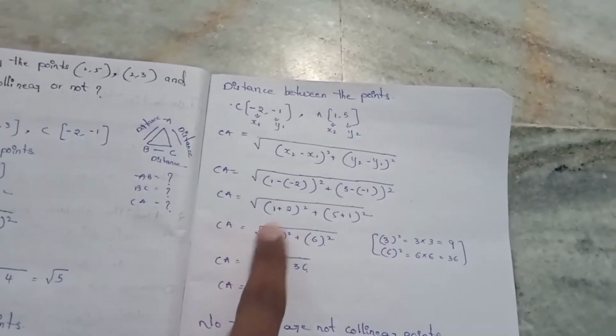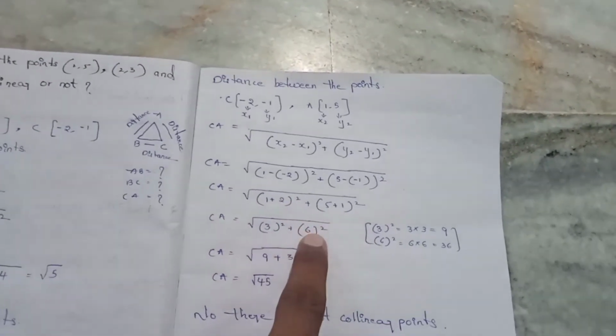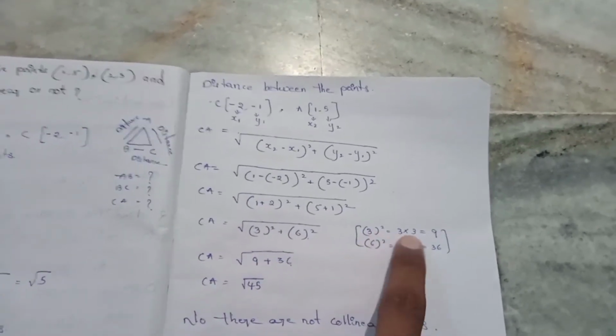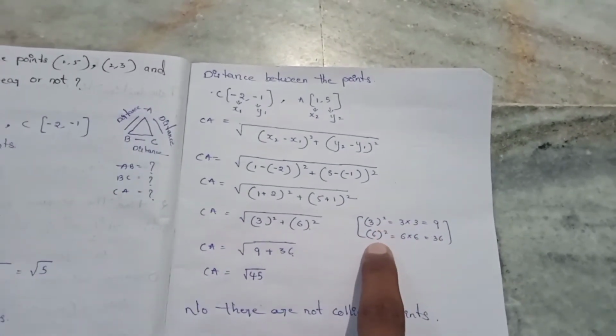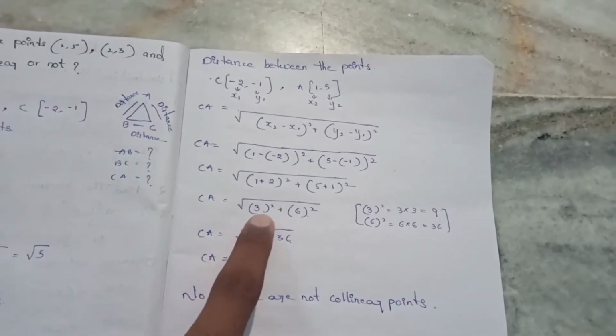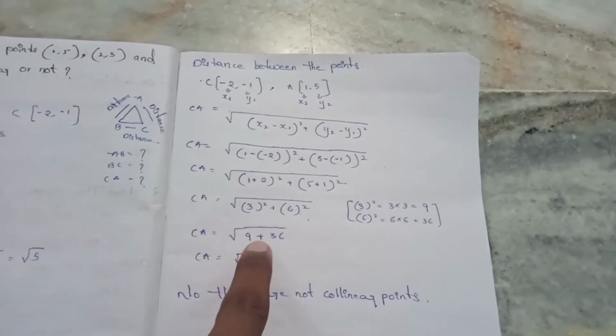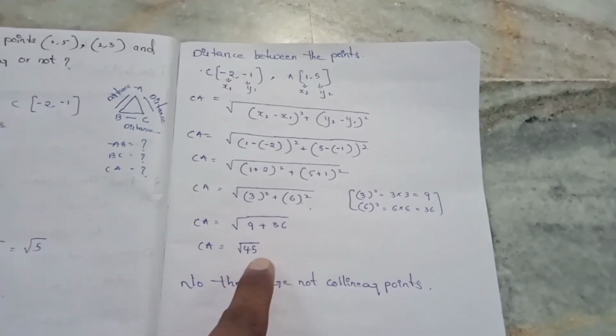Now CA is equal to root of 1 plus 2, 3 whole square plus 5 plus 1, 6 whole square. 3 square is 3 into 3, 9. 6 square is 6 into 6, 36. 9 plus 36 is root 45.